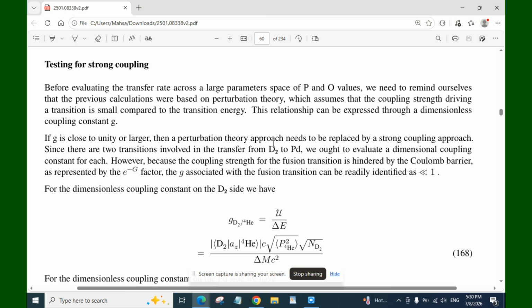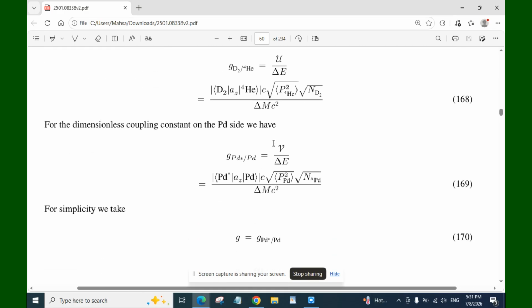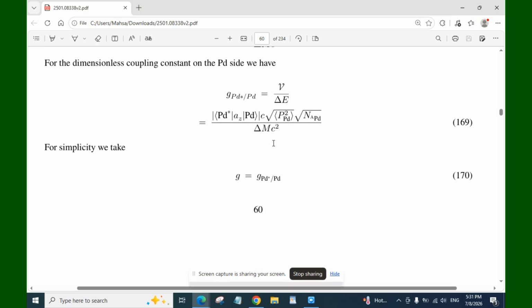However, because the coupling strength for the fusion transition is hindered by the Coulomb barrier, as represented by e to the power of minus the g factor, the G associated with the fusion transition can be readily identified as less than one. For the dimensionless coupling constant on the deuterium side, we have G deuterium pair helium-4 equal to U divided by delta E. For the dimensionless coupling constant on the palladium side, we have this equation.